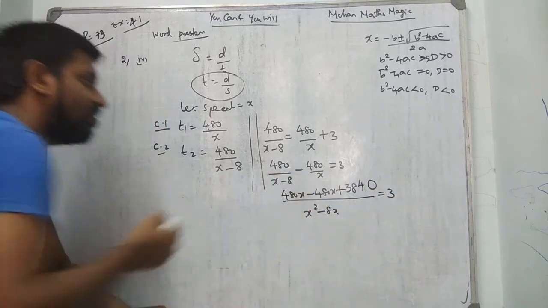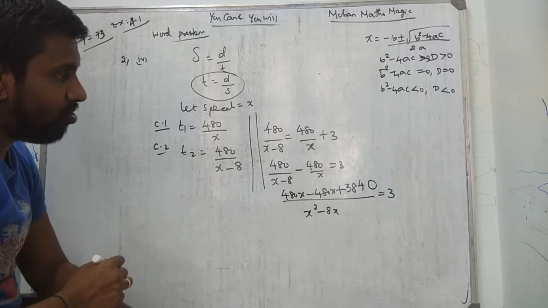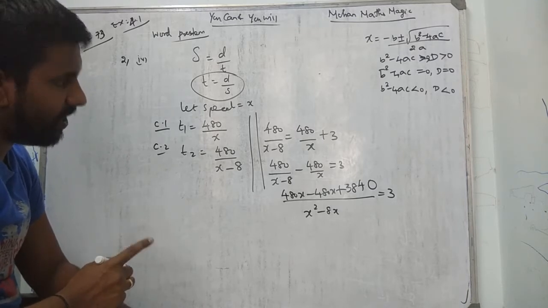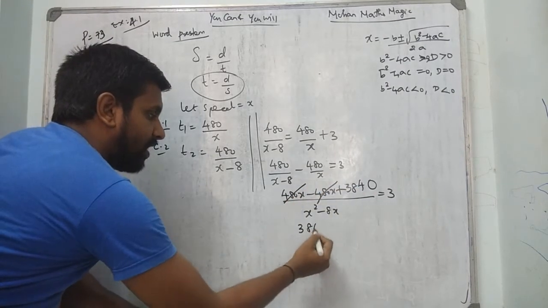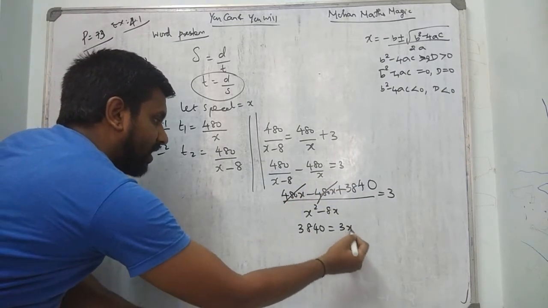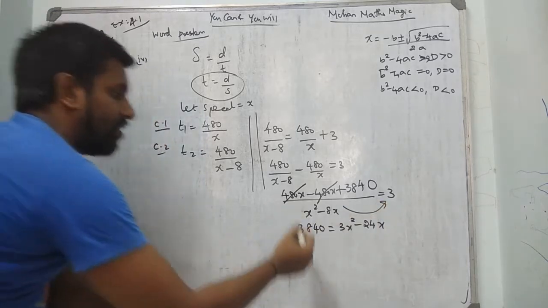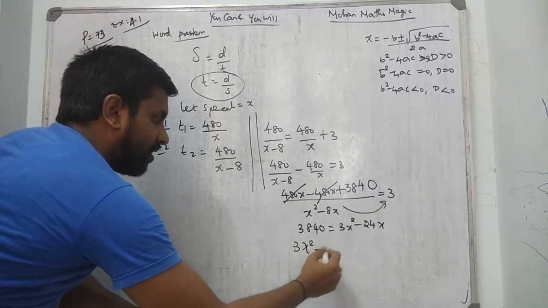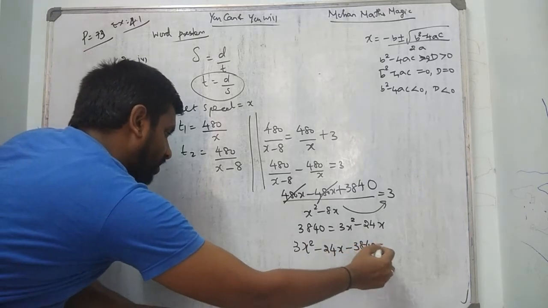I will multiply this also, a normal cross multiply. Did I make any mistake? 8 times 480 is 3840, correct. Now again cross multiply, 480x and 480x cancel. So 3840 equal to 3x square minus 24x. The final step: 3x square minus 24x minus 3840 equal to 0.